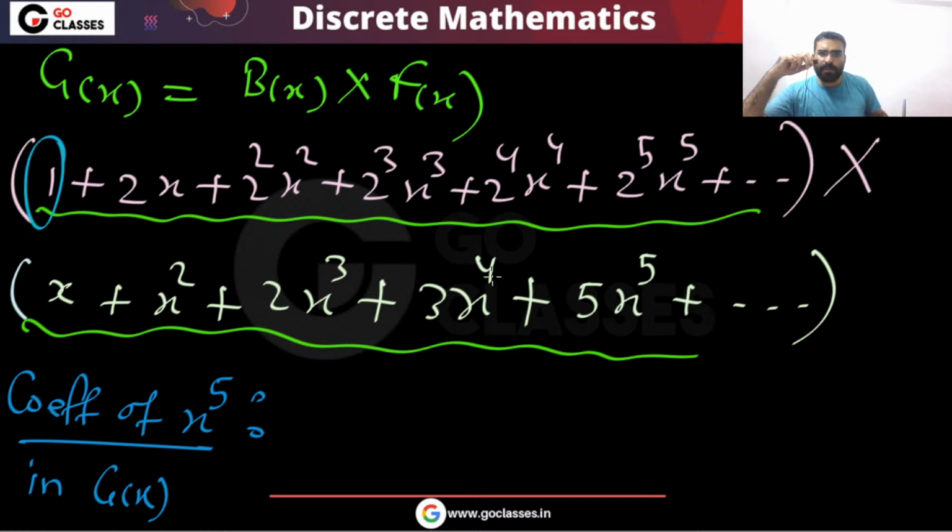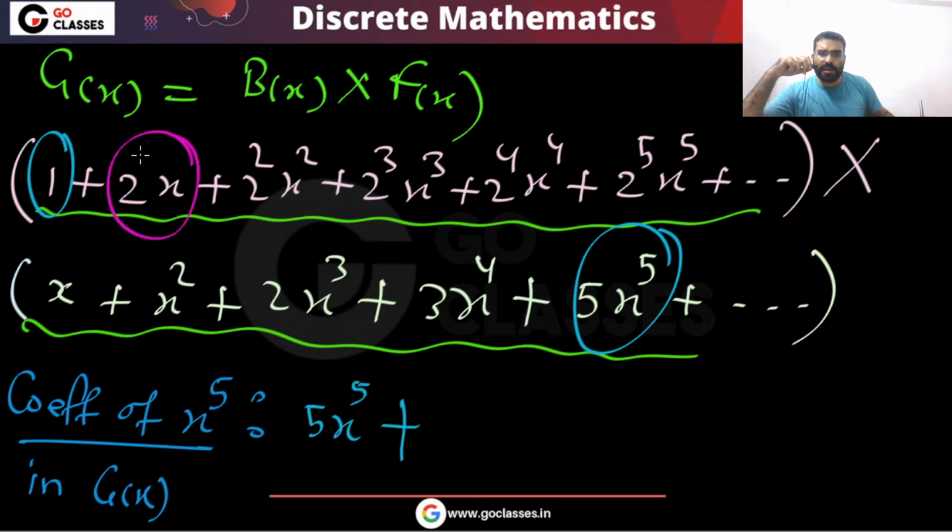See, when you multiply this with this, you will get x power 5. Agree? So you will get 5x power 5. Plus, when you multiply this with this, you will get x power 5, so that will be 6x power 5.